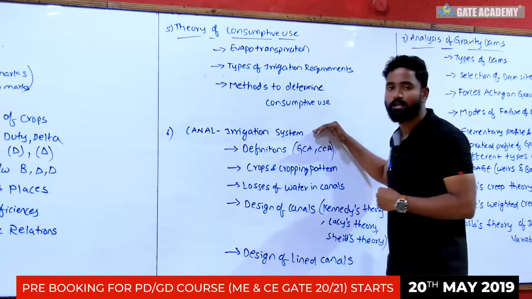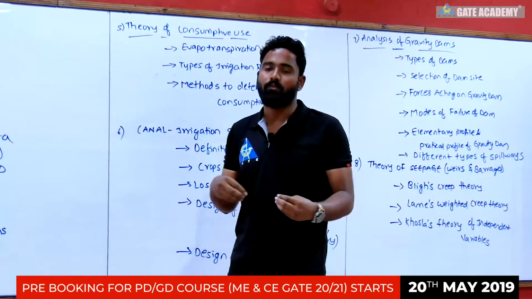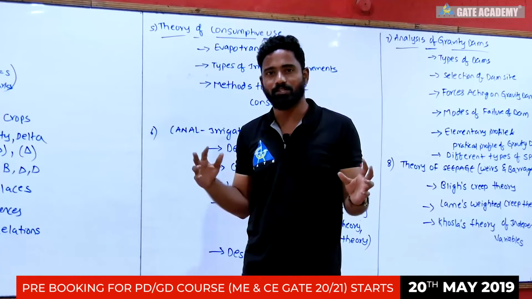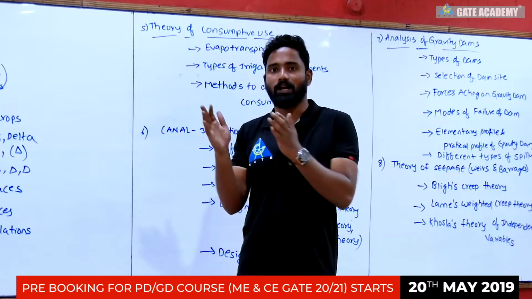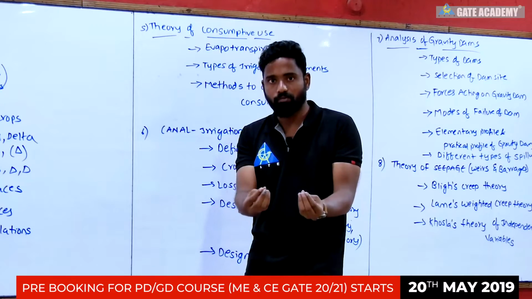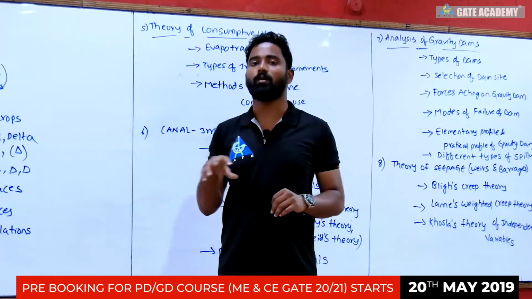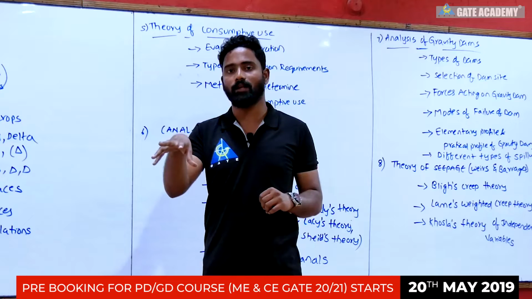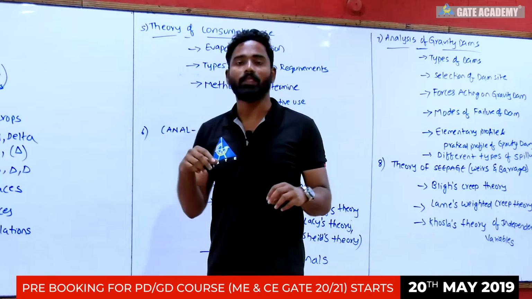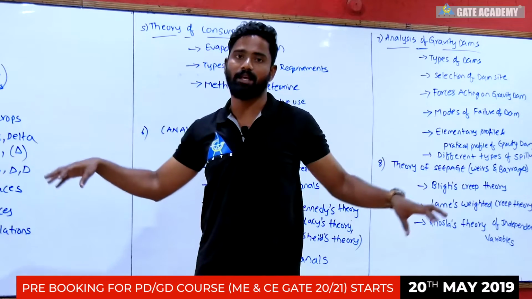So, canal irrigation system. In the canal irrigation system, first we will discuss different definitions, like what is a canal, what is a lined canal, what is an unlined canal, what are the advantages of the canal, what are the disadvantages of the canal, and what is the site for providing the canals. A canal is to be provided so that more area of fields is irrigated.